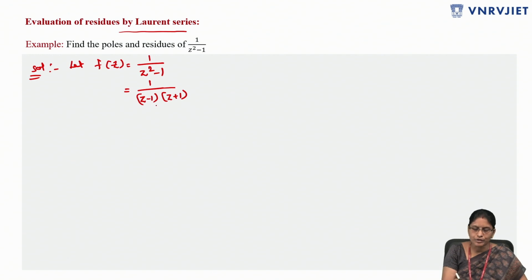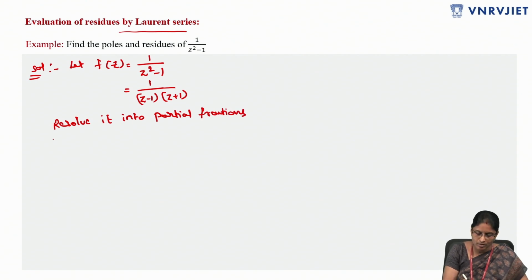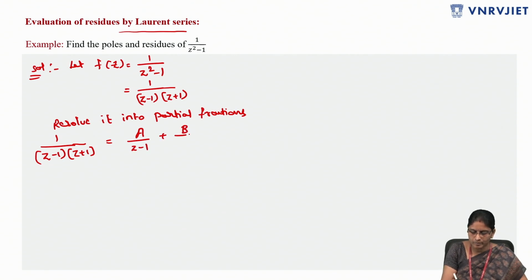First, we have to resolve it into partial fractions. 1 by z minus 1, z plus 1 is equal to a by z minus 1 plus b by z plus 1.